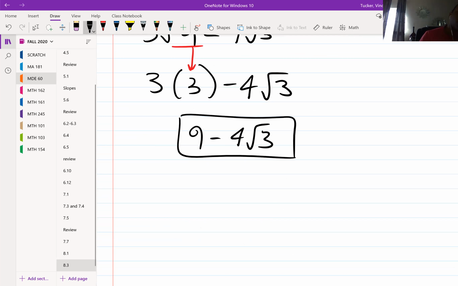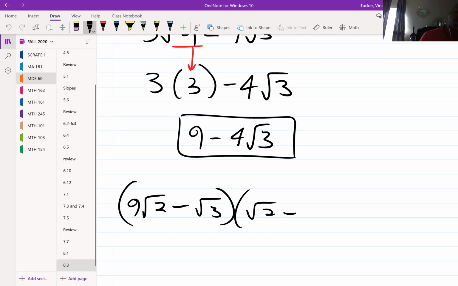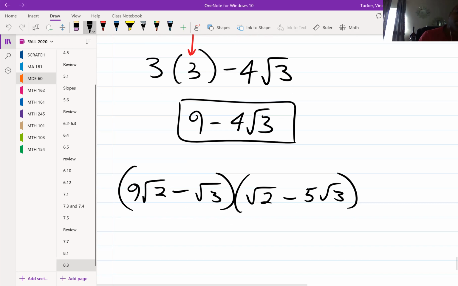All right, one more. So we have 9 square root of 2 minus square root of 3 times square root of 2 minus 5 square root of 3. So we would do our binomial distribution.